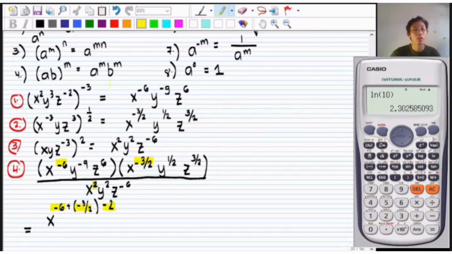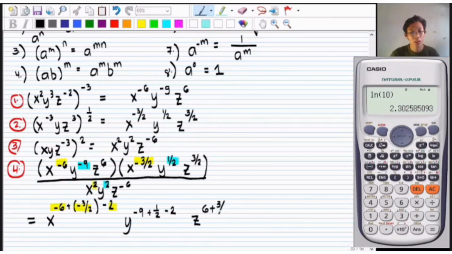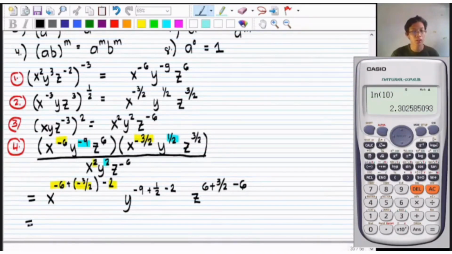Then, yung y natin, negative 9, 1/2 at saka 2. Okay, so y raised to negative 9 plus 1/2 minus 2. Then, yung z naman, 6 plus 3/2 minus 6. Okay, then calculator na lang yan. Kukuha mo na yung final answer.